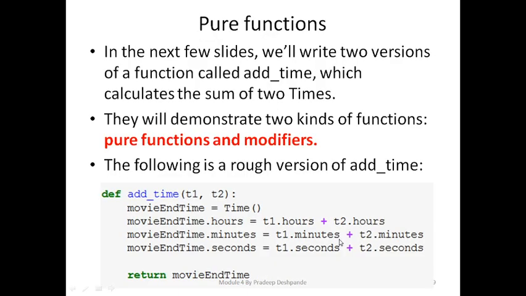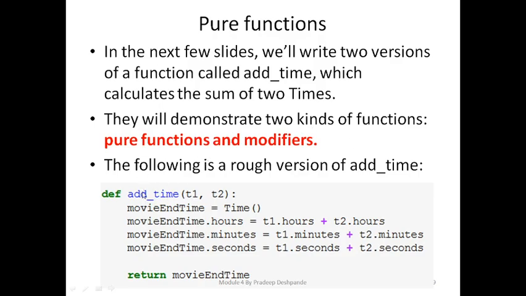Now we'll clearly define what a pure function is. We'll see two versions of add_time here, where we are adding two time objects, the sum of the two times. Here we demonstrate two kinds of functions, pure and modifiers.